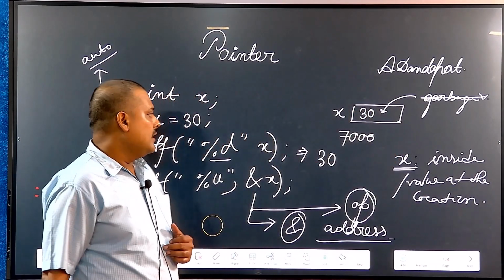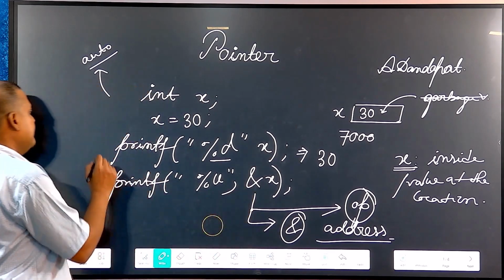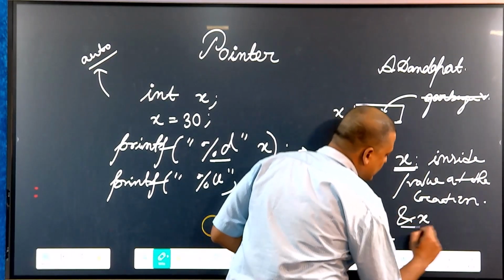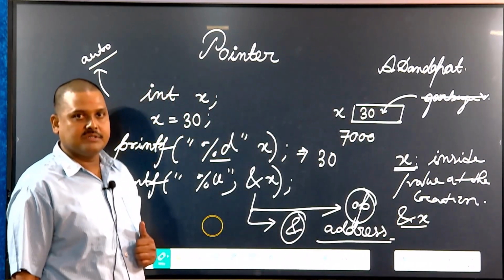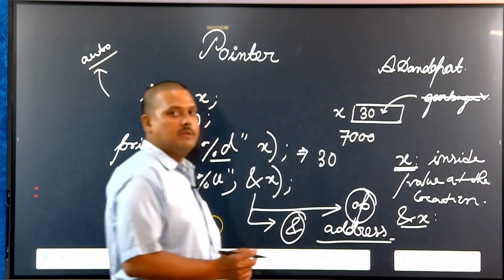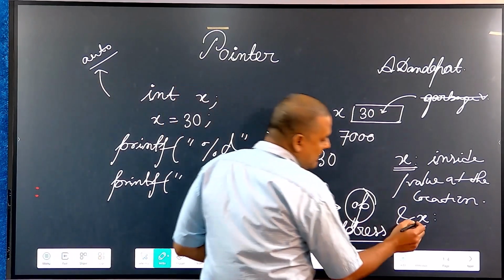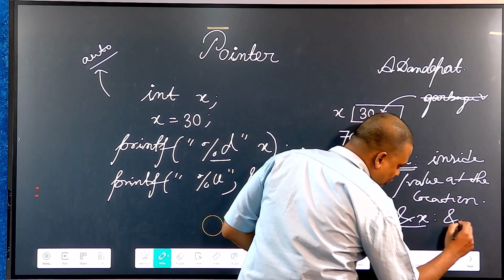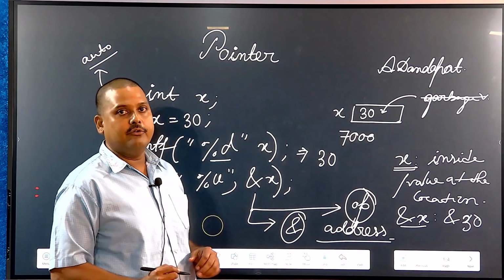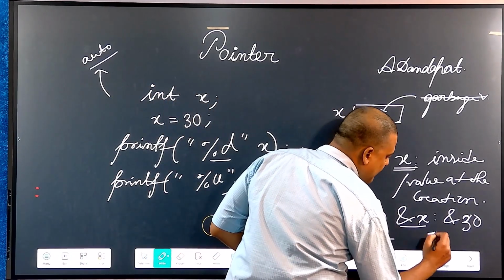Now, if I say address of x, this is the symbol of address, ampersand symbol. Here we will have to go to the place where this particular value is located. So, ampersand x means I am trying to know the address of 30. So, 30 is a particular value located at the 7000 place. So, it will be 7000.